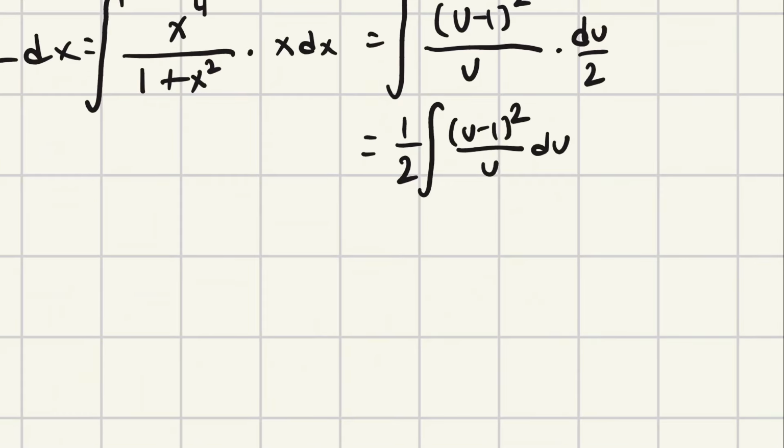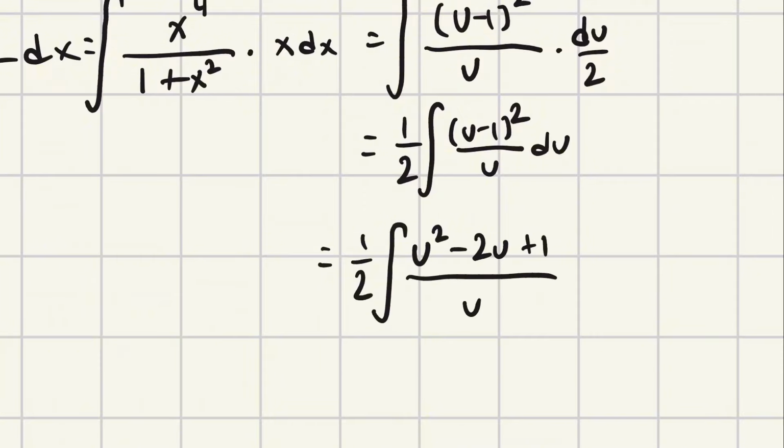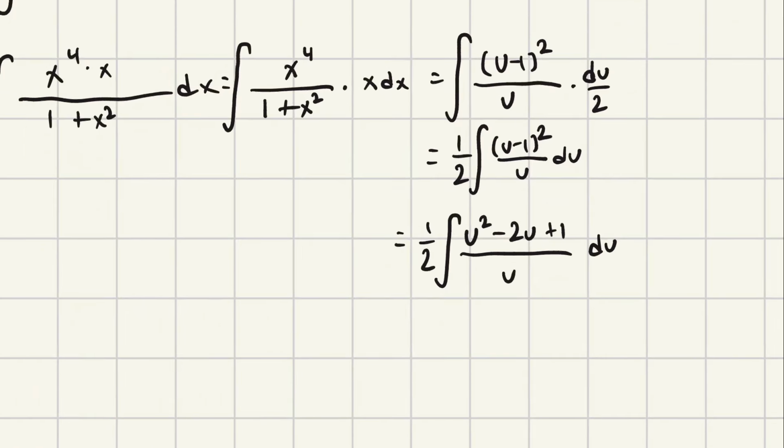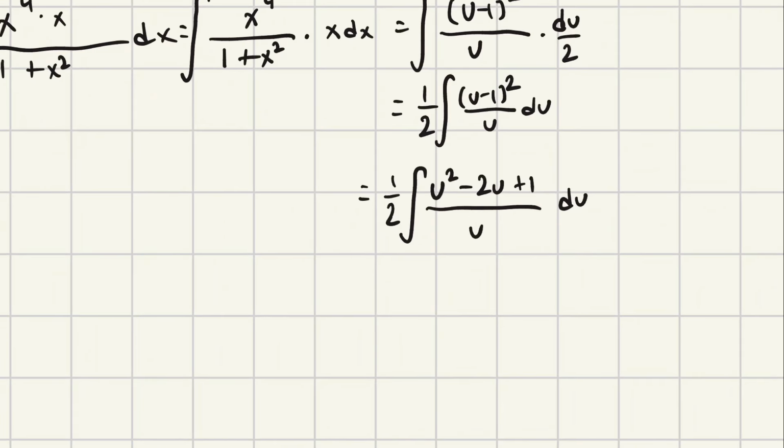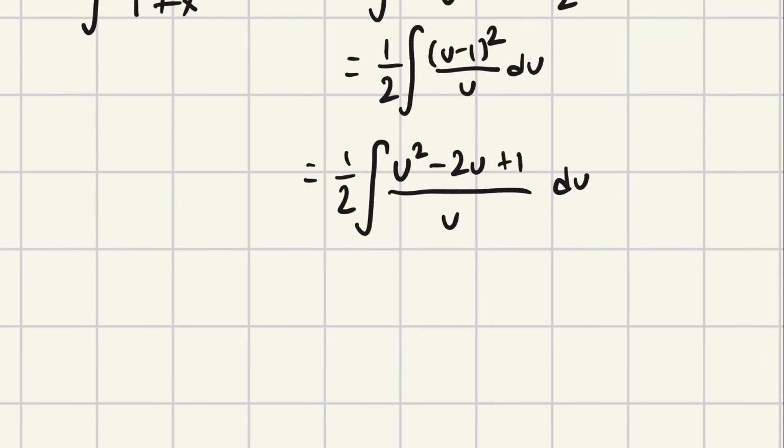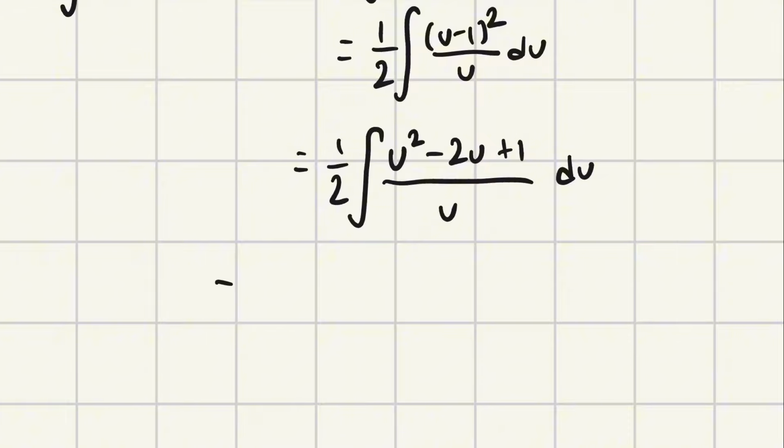So the next step in this integral would just be to FOIL out the u minus 1 squared. You end up with u squared minus 2u plus 1 over u times du, right? And now, next step, you can write all of these things individually as a fraction with a common denominator of u.